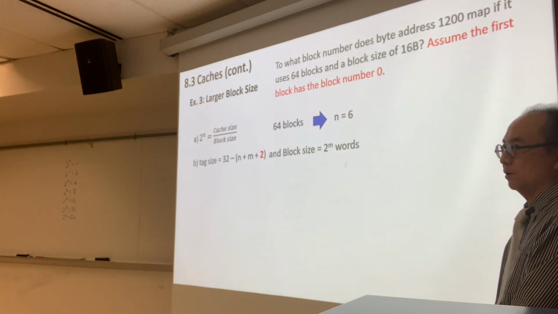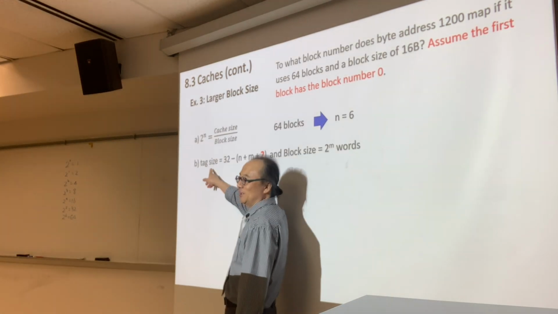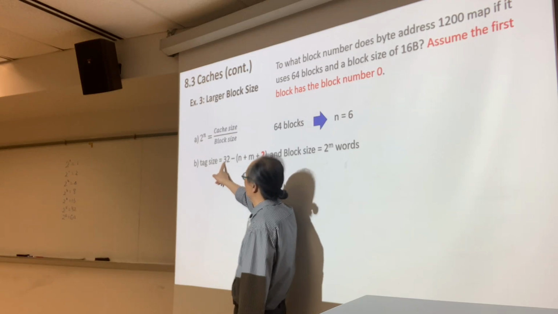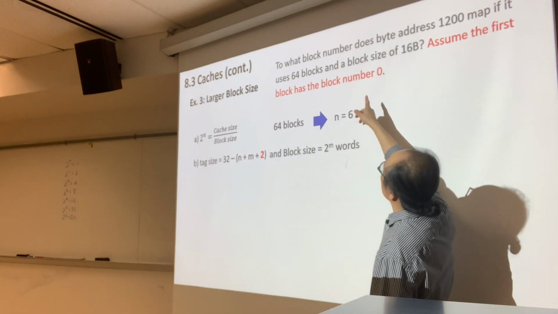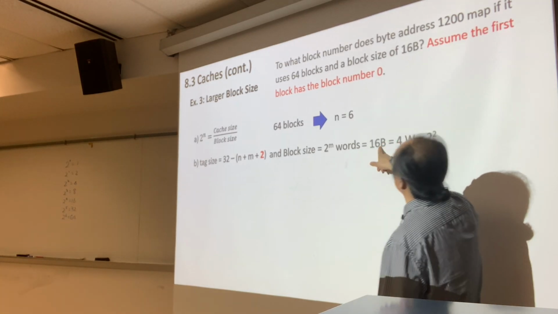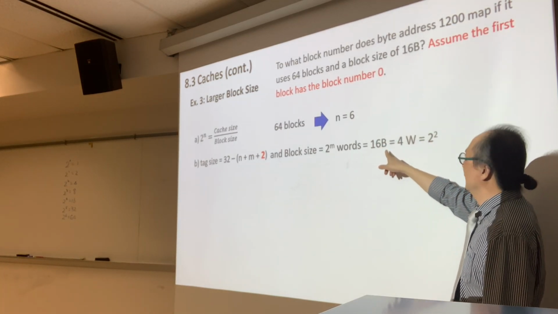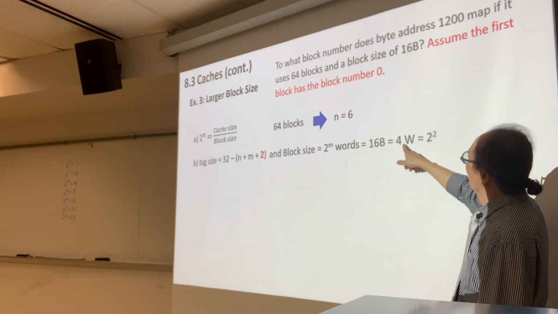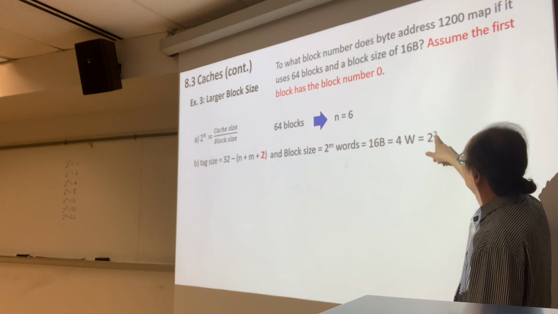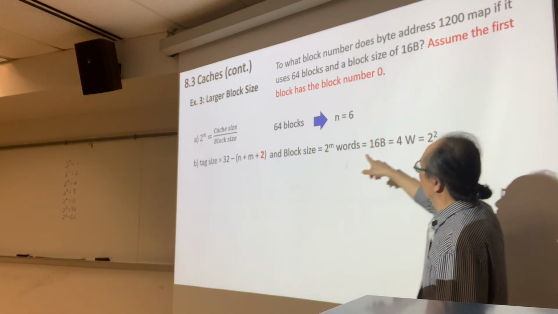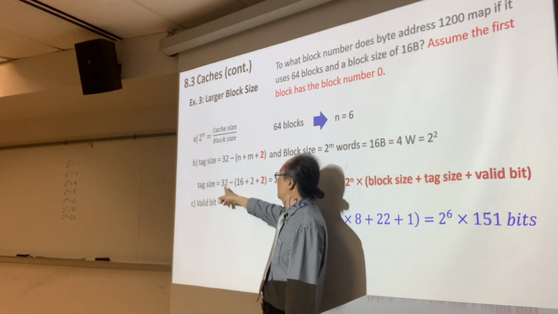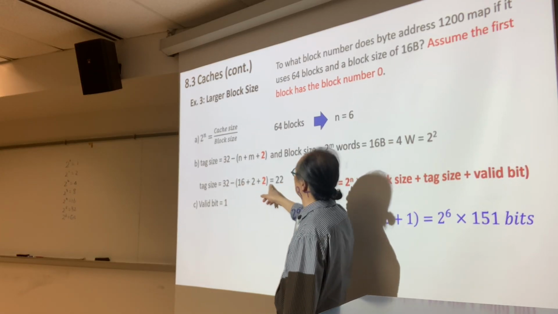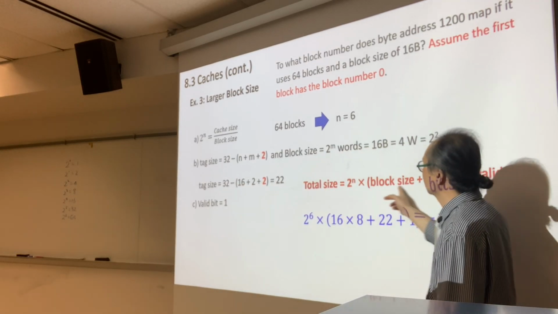Now we need to calculate the tag size. To calculate the tag size, we need 32 minus (n plus m plus 2). The block size is given as 16 bytes. 16 bytes is 4 words. 4 words is 2 to the power of 2 words. Therefore, m equals 2. The tag size is now 32 minus 10 plus 2, which is 22.